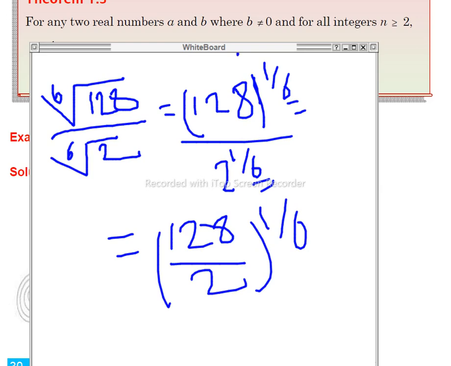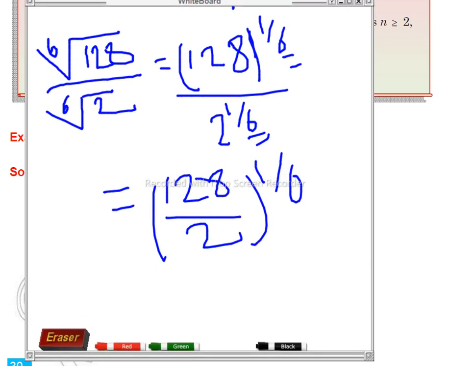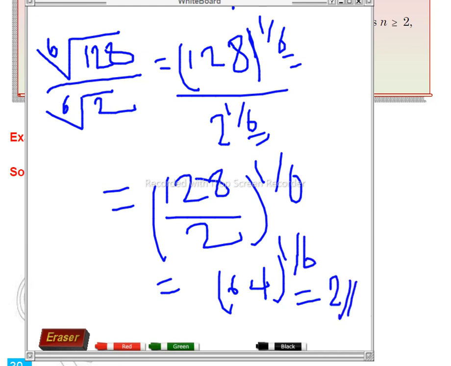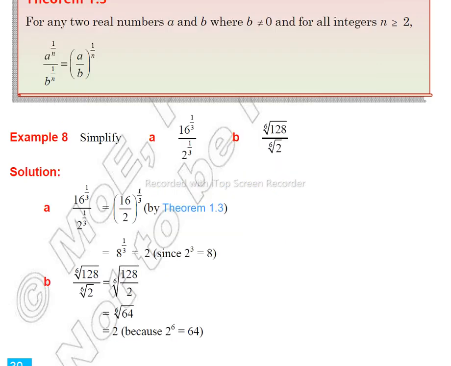This means when we divide 128 by 2, we get 64 to the power of 1 over 6. This means 2 is our answer, because 2 times 2 times 2 times 2 times 2 times 2, six times, gives us 64. So this is all about the first question.